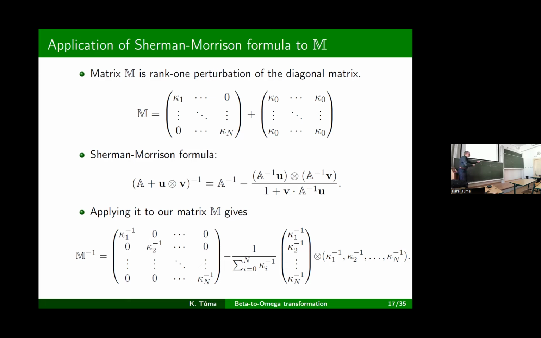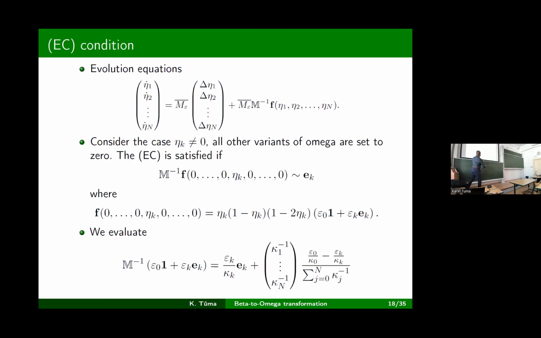And now I use this on the next slide, which I accidentally skipped. If we take this vector and multiply the matrix M inverse by it from the right, we get that M inverse applied to this vector equals this.